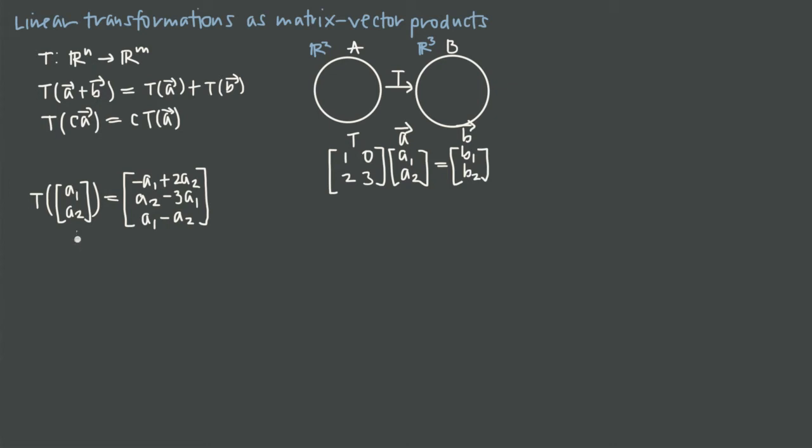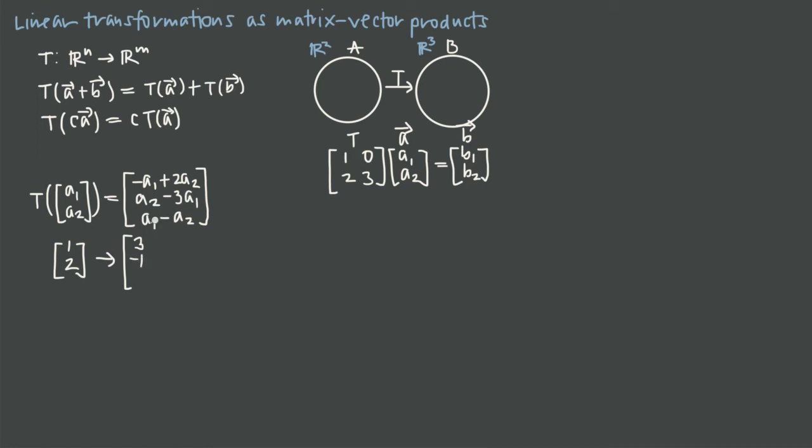If I have a vector, let's say it's the vector 1, 2, that means A1 is 1, A2 is 2. If I plug those values into this expression over here on the right, I'm going to get -1 plus 4, or 3. I'm going to get 2 minus 3 times 1, or 2 minus 3, that's a -1.